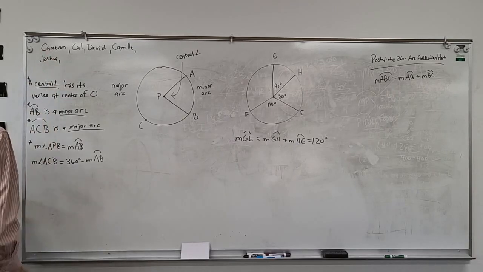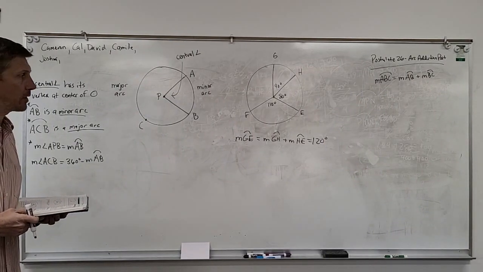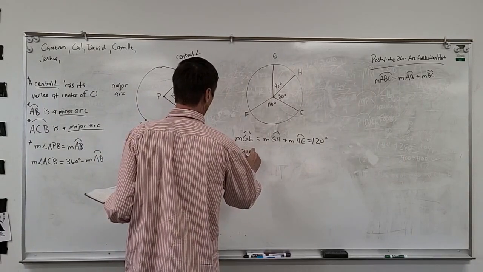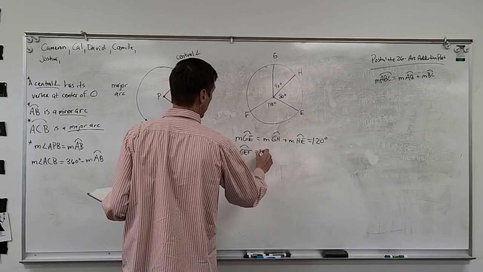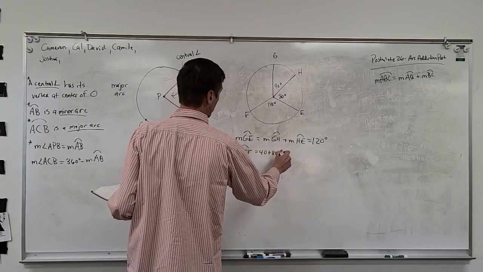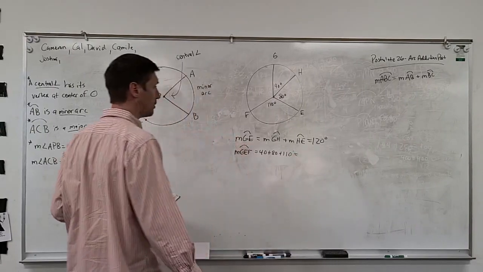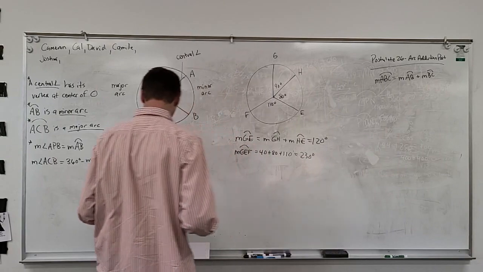GEF, just going to do the same thing, but add the 110 in there, right? So the measurement of arc GEF is going to be 40 plus 80 plus 110. So it's going to be the 120 plus another 110, which is 230 degrees.